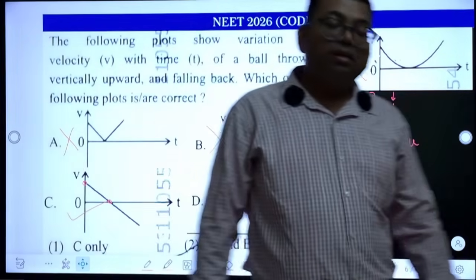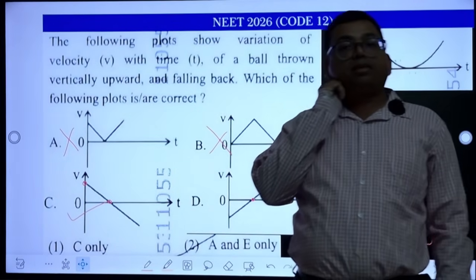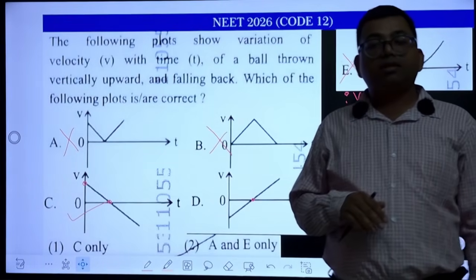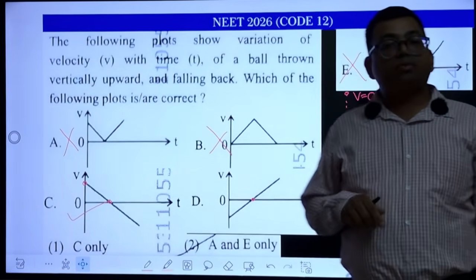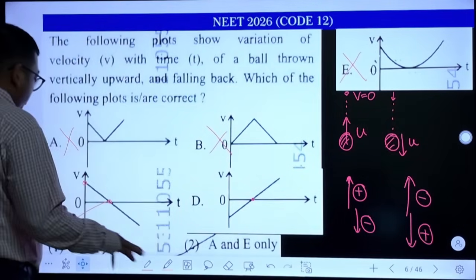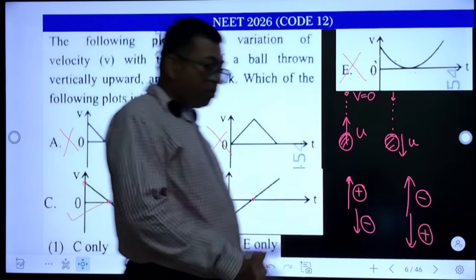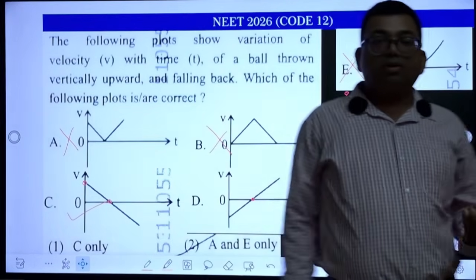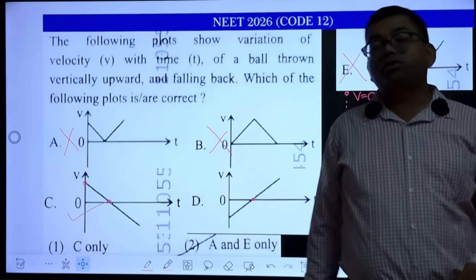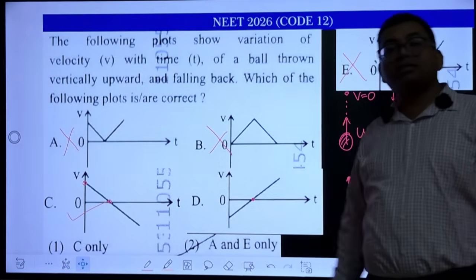If they mention in the question that upward is positive, then acceleration has to be negative. And acceleration has to be negative means the slope of the graph has to be negative like this, right? But suppose I assume upward direction is negative and downward direction is positive, so my acceleration has to be positive, then the graph slope will be like this.